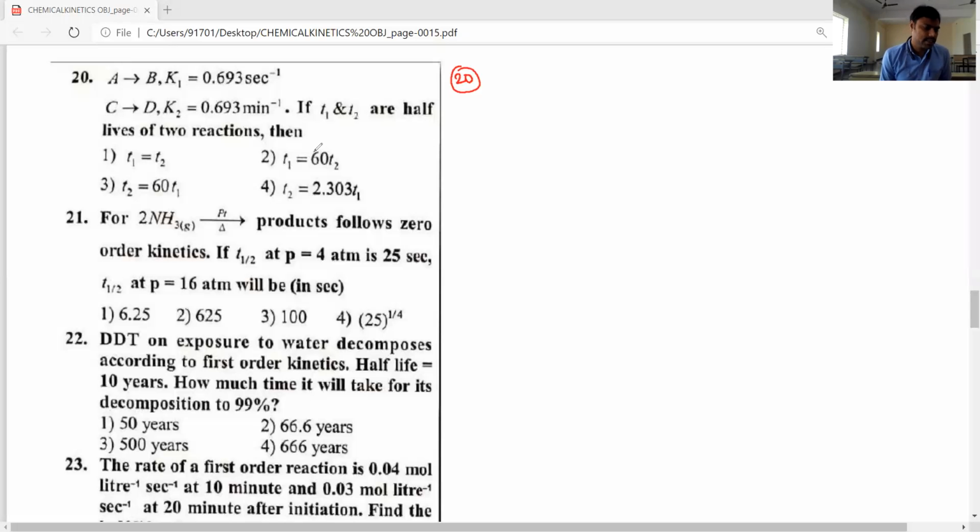Based on the units, K units are second inverse, which means it is a first order reaction. For a first order reaction, K is equal to 0.693 by T half.